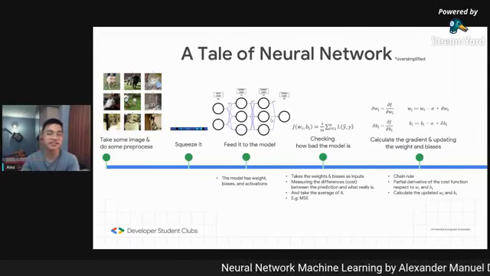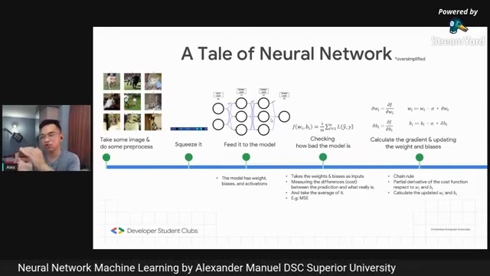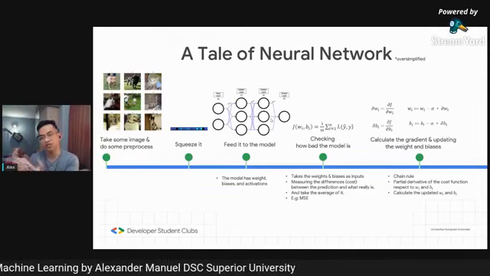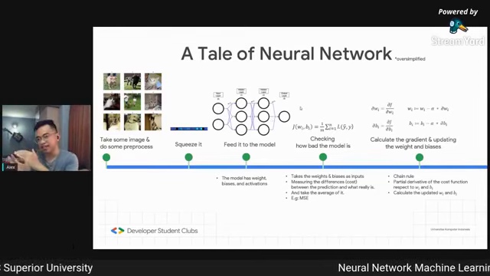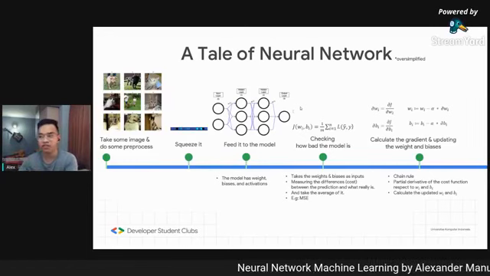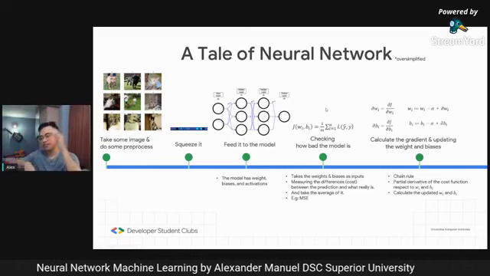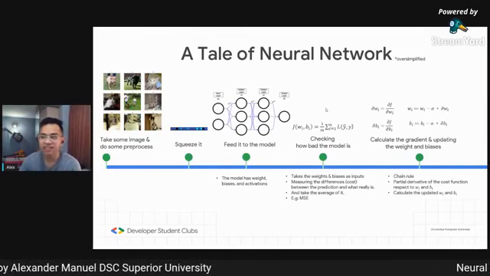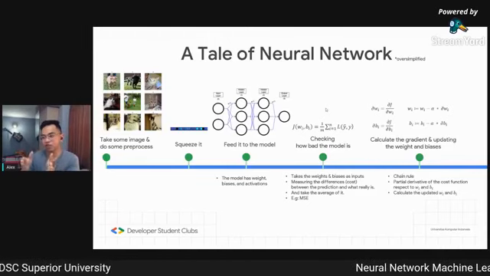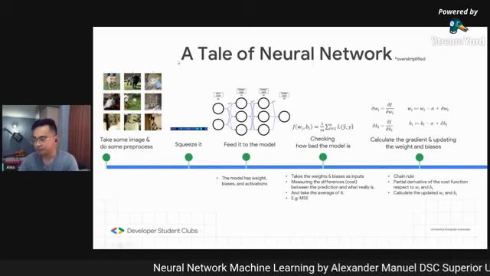In this case, we're going to use binary classification, whether it is yes or no, 0 or 1. So in the end, we use sigmoid. It will turn the list of weights into a probability that has a value between 0 and 1.